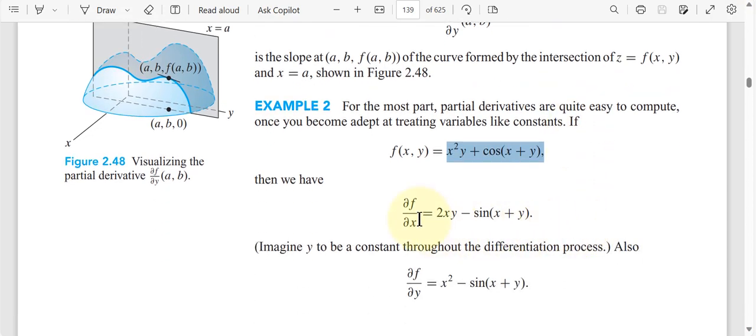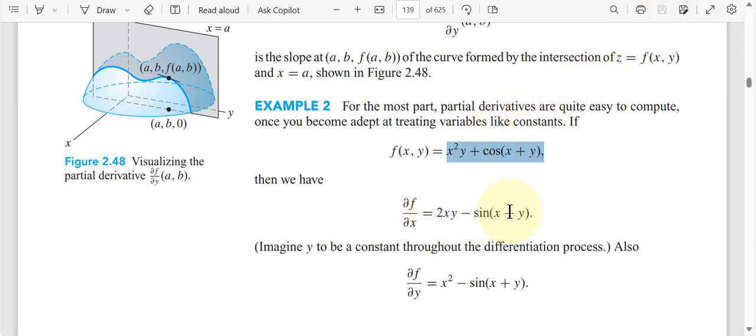And then the question is, what is the partial derivative? And as you probably know, we just treat y as a constant because we're asking for the partial derivative with respect to x.